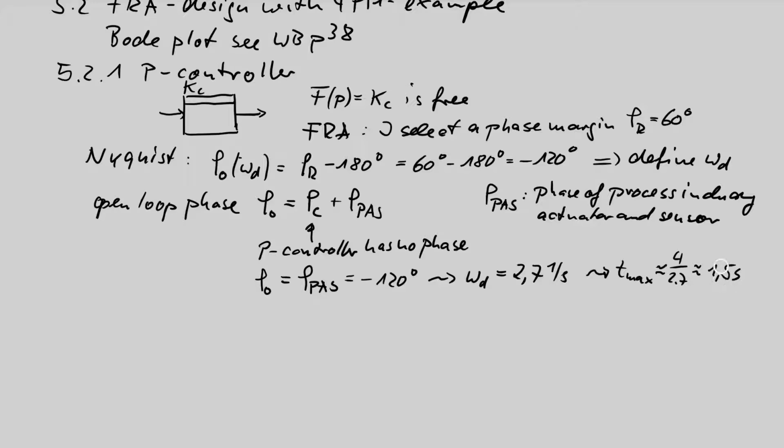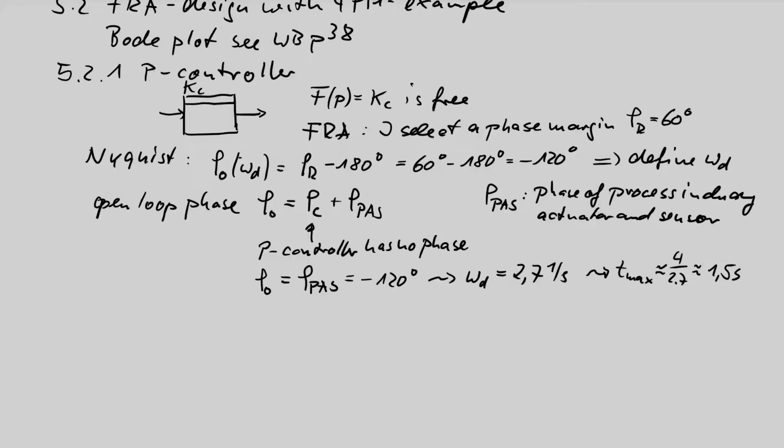So if this is fast or not so fast, at this time we cannot say, but this is a good value to compare other controller designs, which can be faster or slower. So this is an indicator for the P controller. We don't know the hardware, so we cannot say if this is fast or not. So this is just a starting value.